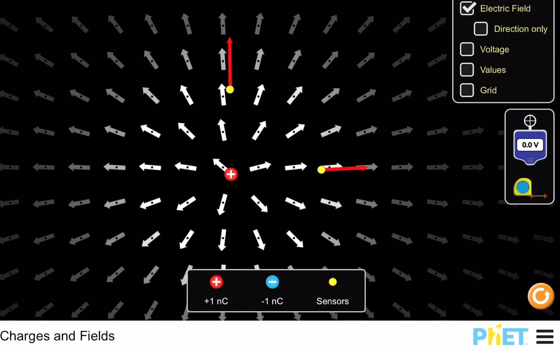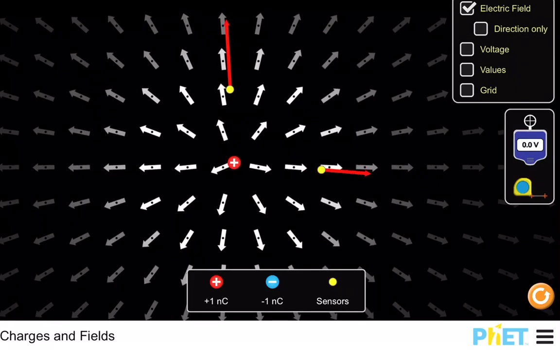If I bring the sensor to another point, that gives me the direction of the electric field at that point. And since the main charge is a positive charge, the electric field is always radially outward. If I bring the sensor here, that gives me the electric field at that point.